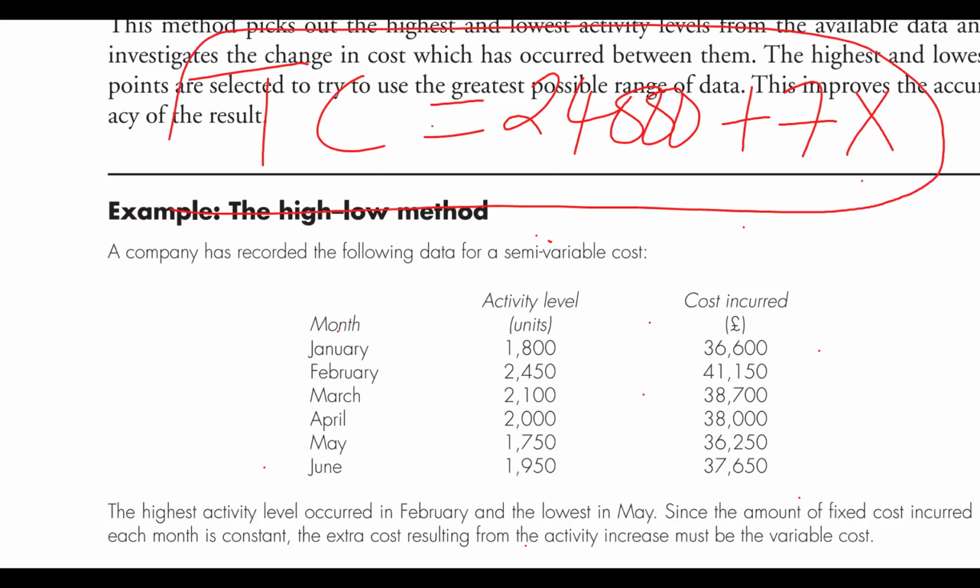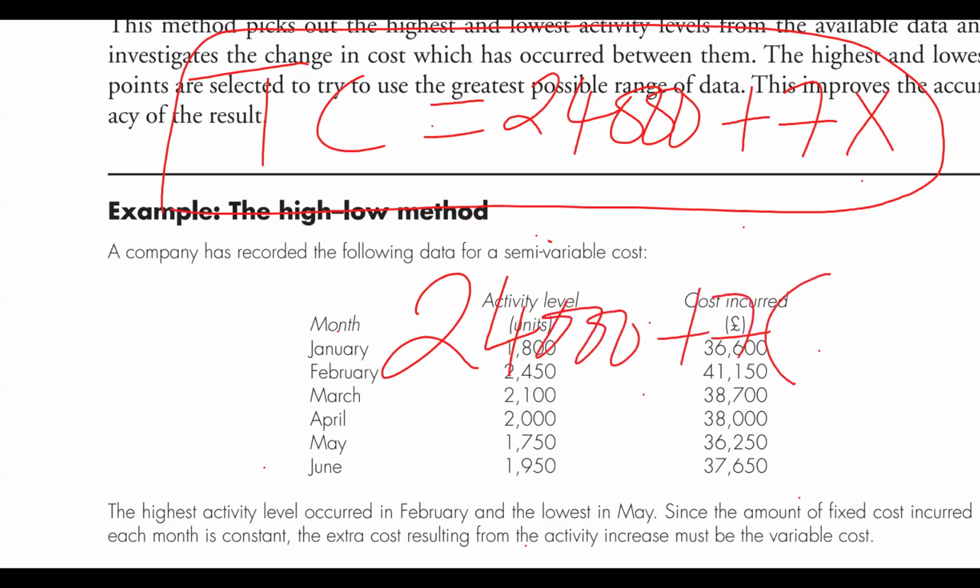Because if you ask what is the total cost when the units are, let's say, 3,000, it will just be 24,000, which is already fixed, plus 7 times the 3,000 units. You get it? Then you multiply. So if you ask, when the units now are 3,000, what will be the total cost? You can go ahead now and capture it. So this is the equation actually.